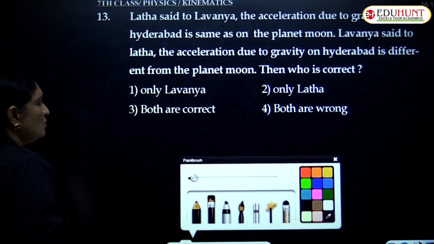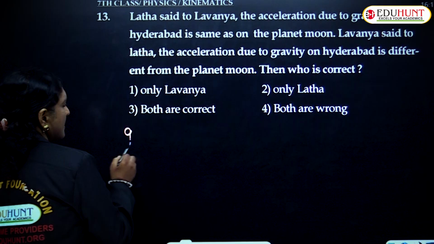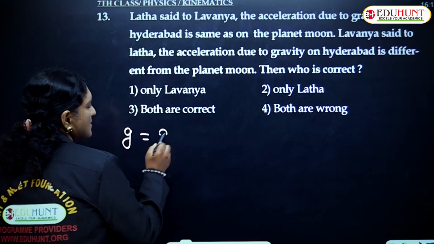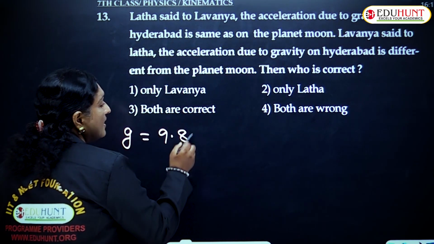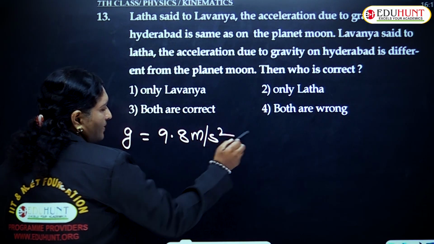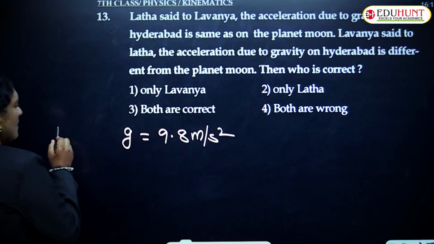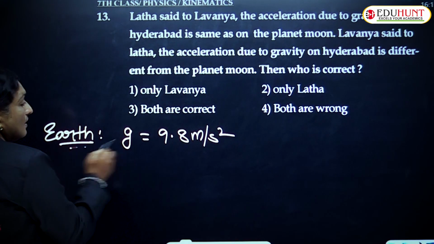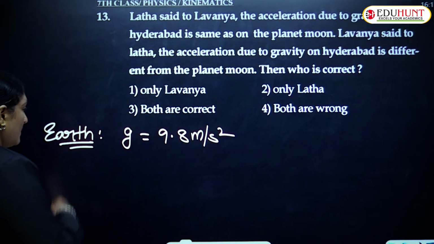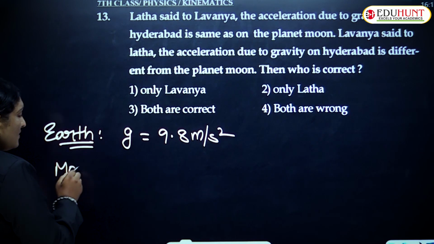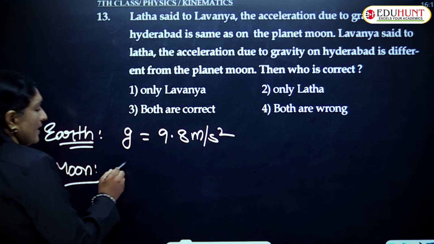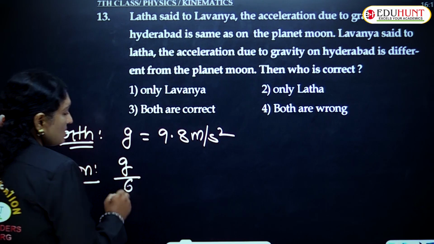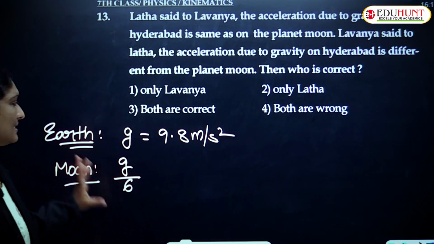Children, you need to know one thing: the acceleration due to gravity on the surface of the earth is around 9.8 meter per second square. Whereas on the surface of the moon, it was found to be 1/6 of what it is on the earth, 1/6 of g.